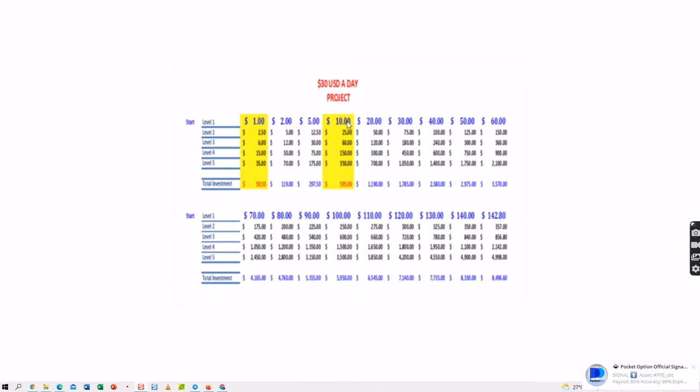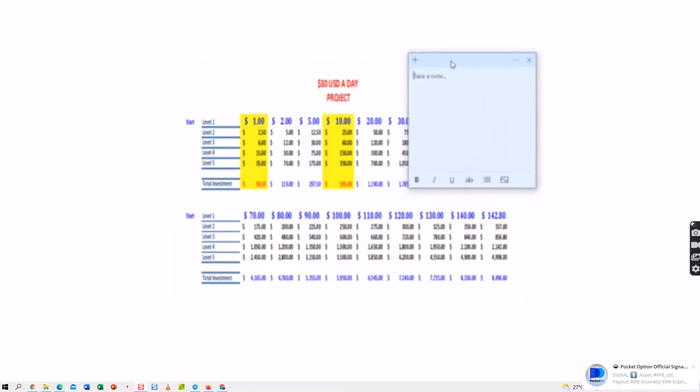So if we were to just target a $10 trade, and the profit level is at 80%, which means that we are actually getting $8 per trade for a winning trade.